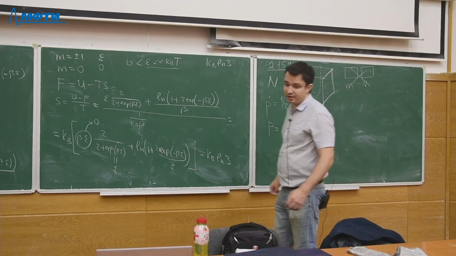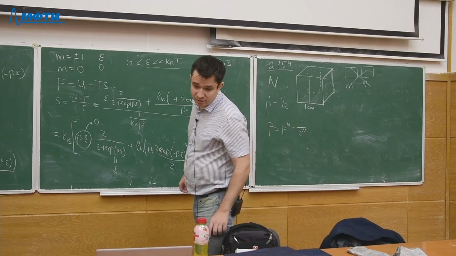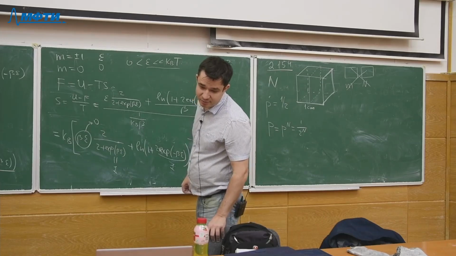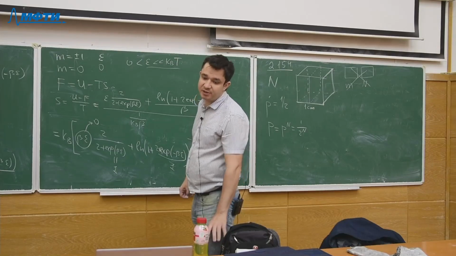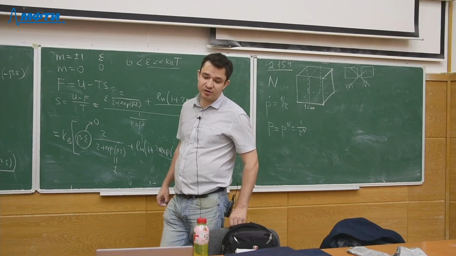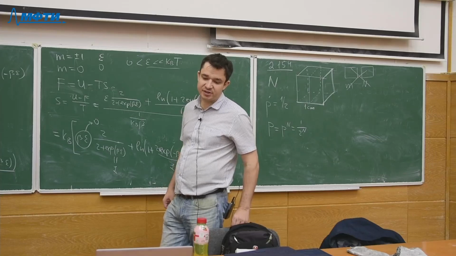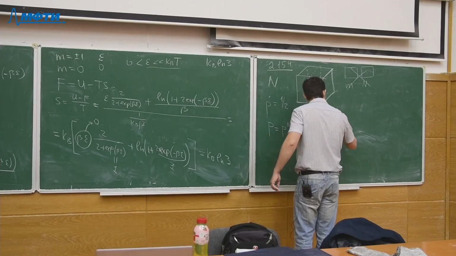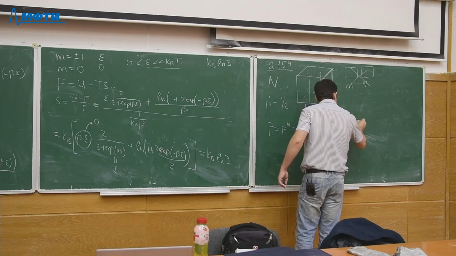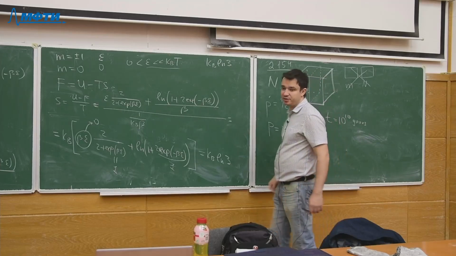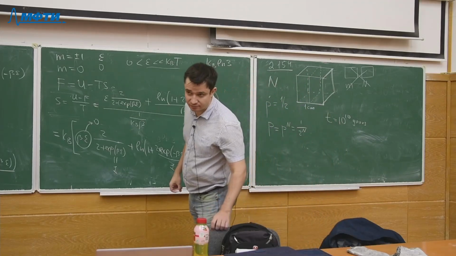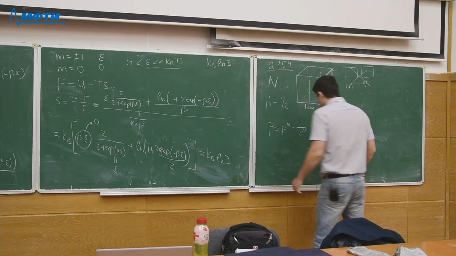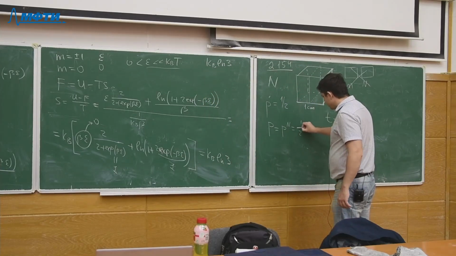So if n, okay, we don't know yet n, but we need to calculate the approximate numerical value of n, ensuring the occurrence of this event within the time interval of 10 to the 10 years, which happens to be the age of the universe. Okay.